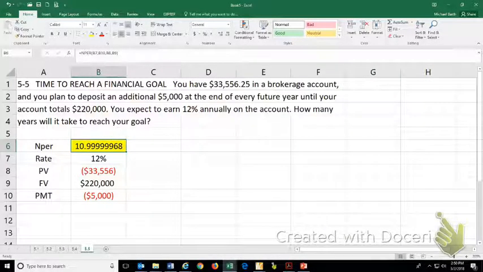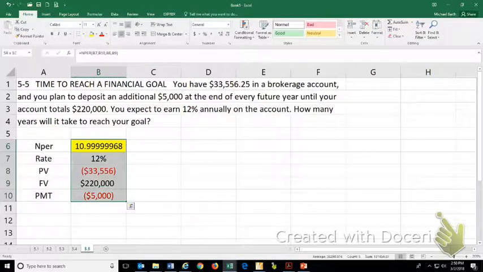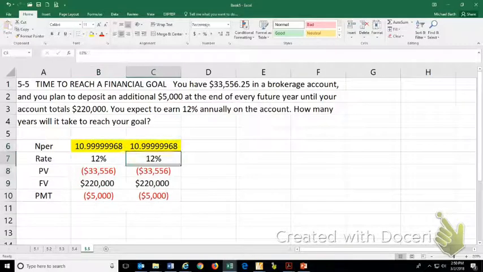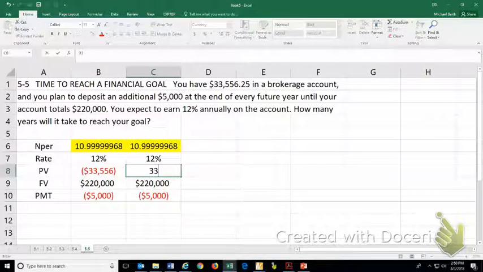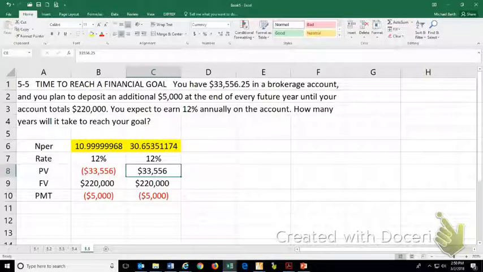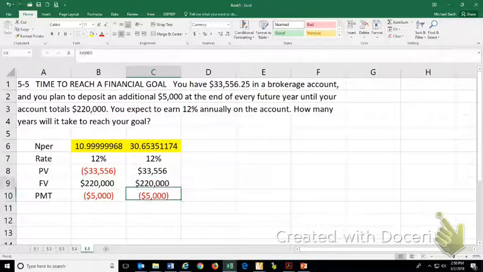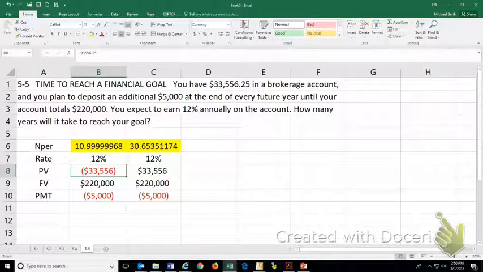All you have to do is change the numbers that are in each of the categories. By the way, you can also have done this as 33,556.25 as a positive. Notice though that if I have the signs incorrect, the sign on this one, you took money out of your pocket and put it into the account, and you're going to take more money out of the account.